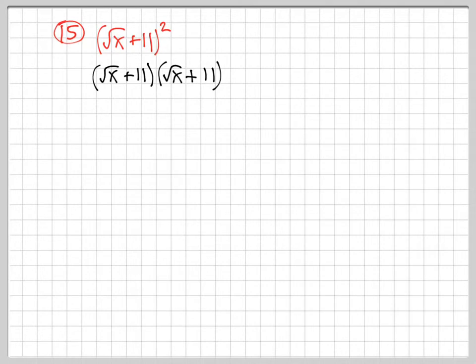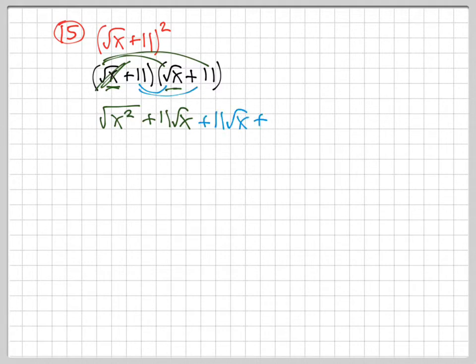So then we take this one to both. So root x, that's root of x squared, plus 11 root x. He's done. He went to both. And then the second one goes to both. Plus 11 root x, plus 11 times 11, 121.